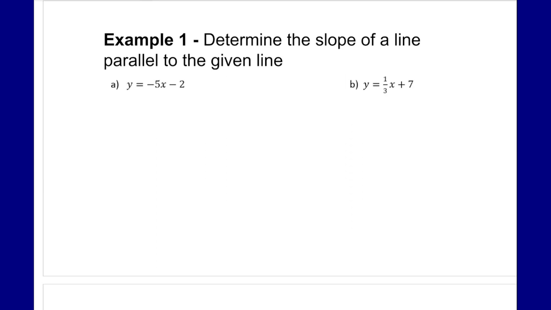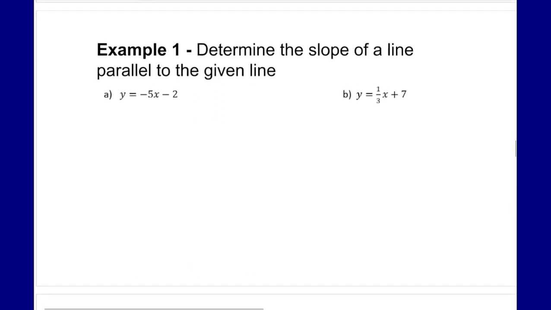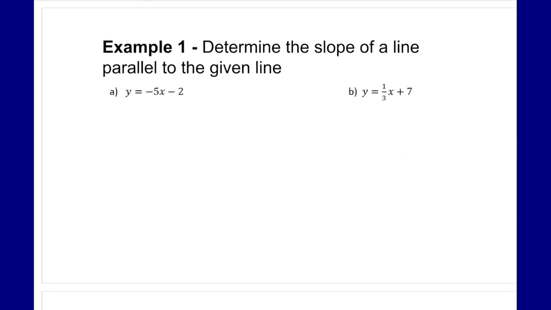So let's take a look at some examples. First, we want to determine the slope of a line parallel to the given line. All this is really requiring us to do is identify the slope and then use our knowledge of what a parallel line is. Remember our general equation is y equals mx plus b. In this case, what is my m value? It's -5. So my slope is -5.